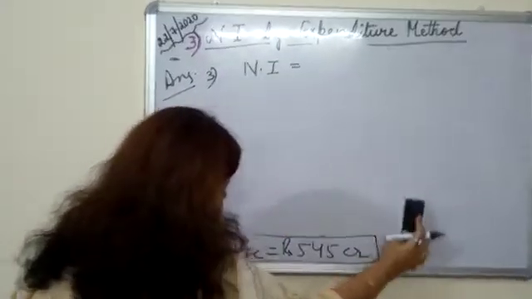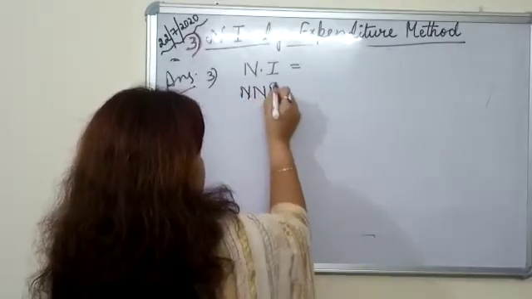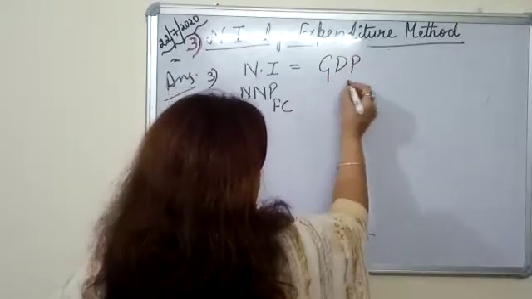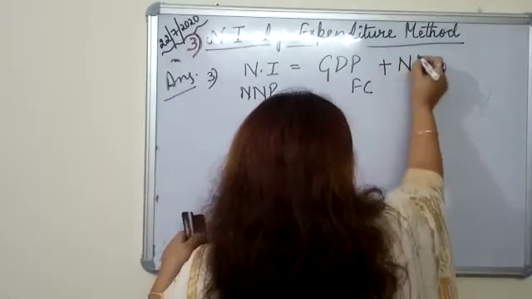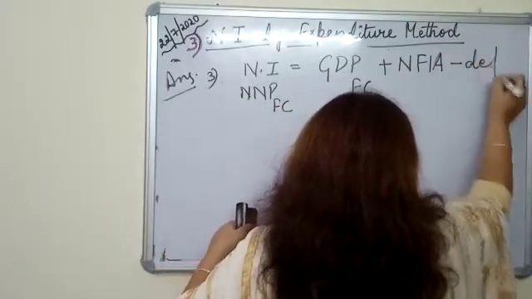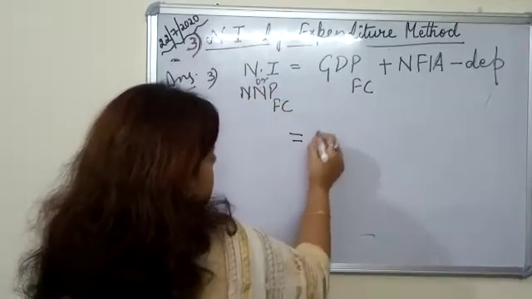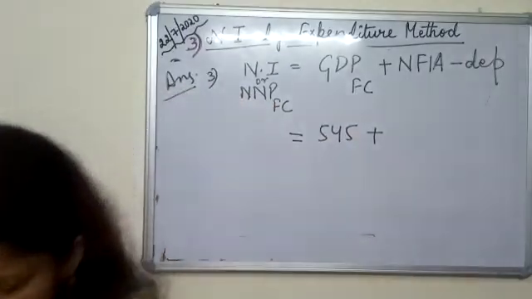So net national product at factor cost, when you are having GDP at factor cost, you will be adding the NFIA and deducting the depreciation. So you will get the national income. 545 plus what is the NFIA which is given?